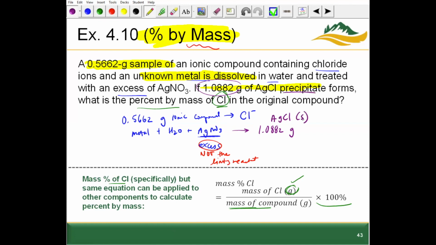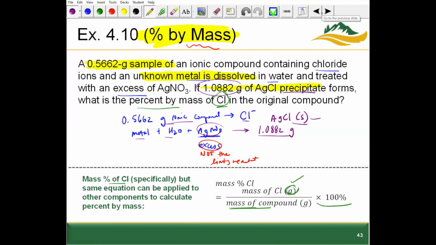So let's write this out as AgCl solid. Okay, so we had an ionic compound that contained Cl, a metal was added with water with excess silver nitrate to form this many grams of a solid precipitate. And we want to know the percent by mass of Cl in this original ionic compound.